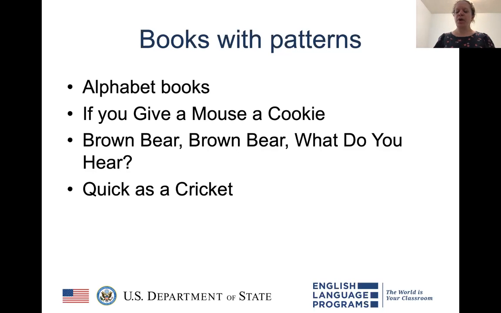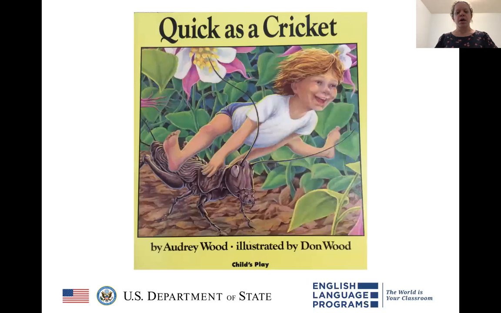And the final book I wanted to mention is the book Quick as a Cricket by Audrey Wood. Here's the cover of it. This is a great book where a child describes themselves by talking about different adjectives and animals. So I wanted to read this book really quickly to you.